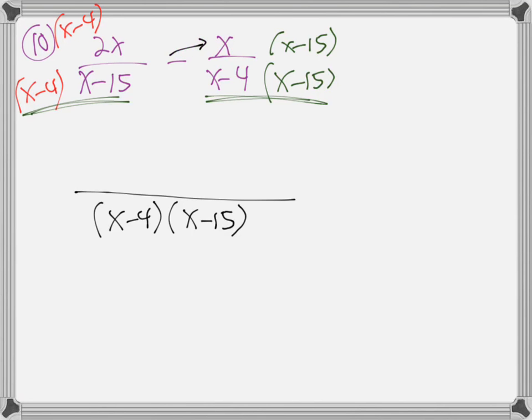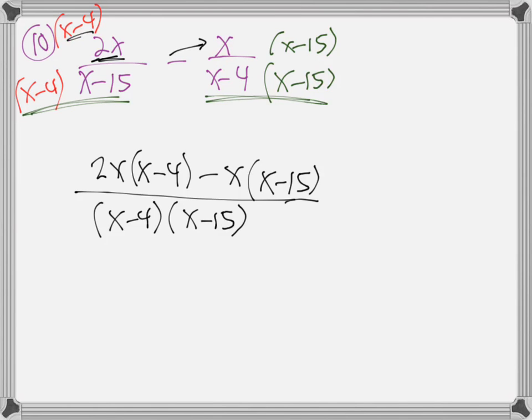Maybe I should take it slower. It's going to be 2x times x minus 4 minus x times x minus 15. I should probably just show you that. That'd be easier. We're not done yet. That's 2x times x minus 4, and minus x times x minus 15. And then just distribute, gather like terms. We still have more work to do in the top. Just keep going. Is that okay?